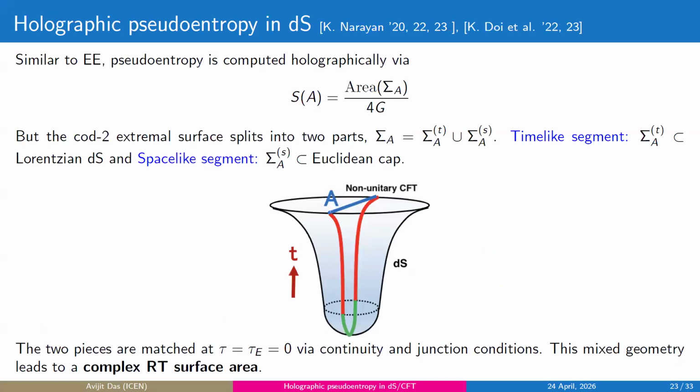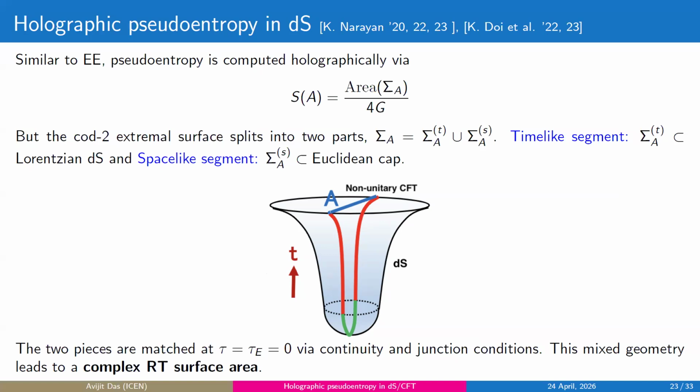So the holographic description of this pseudoentropy is similar to entanglement entropy, where you take a codimension-2 extremal surface divided by 4G, but with a caveat. Your extremal surface is no longer a single surface, it's a joint between two surfaces. One is time-like and the other is space-like. Why is that? Because as this is the geometry of de Sitter, when you go to the bulk, this is the time direction. So if you want to build an RT surface or the geodesic, you have to go along the time direction.